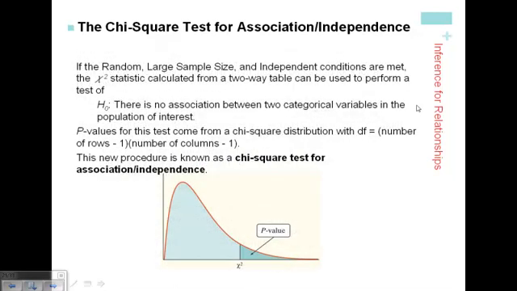All right. And of course, we still have to check our conditions. Large sample size, independence, and random. So I call the test for independence, the test for homogeneity, the test for association, essentially, I call them all just one big test. We call it the chi-square test. At least that's what they call it on your calculator. All right.